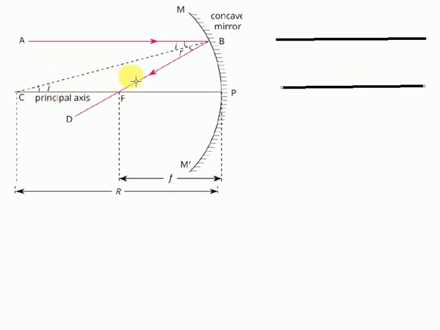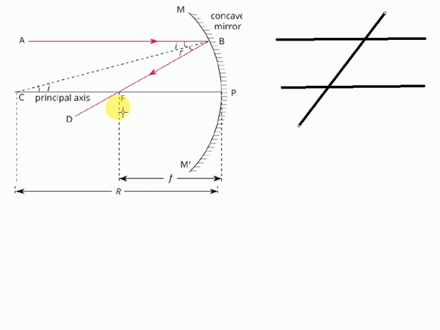The dotted line shown here, ray BC, we consider this to be a transversal line. This transversal line acts as a normal, therefore angle ABC is equal to angle CBF.